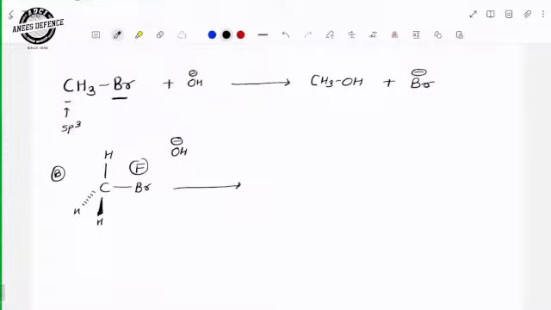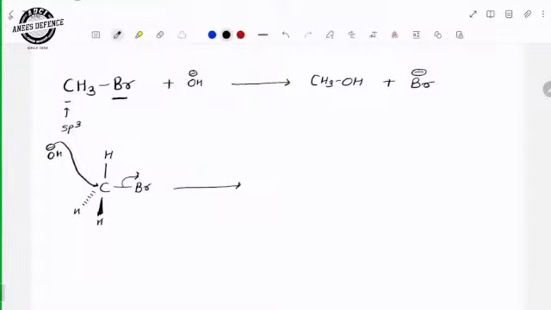So in order to minimize this repulsion, this OH minus will attack the carbon atom from the back side. And when it is attacking from the back, this bromine will leave the carbon atom.